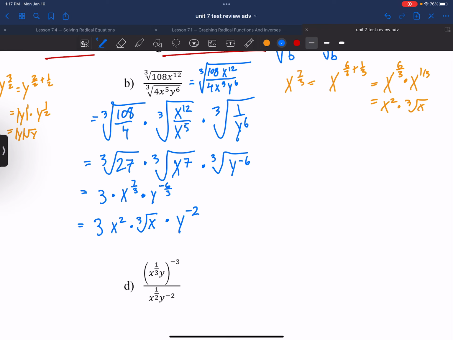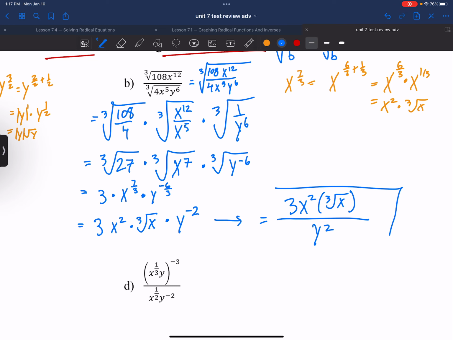Okay, so I should probably put the y squared in the denominator now because I don't actually want the negative exponents, meaning this equals 3x squared cube root x over y squared.